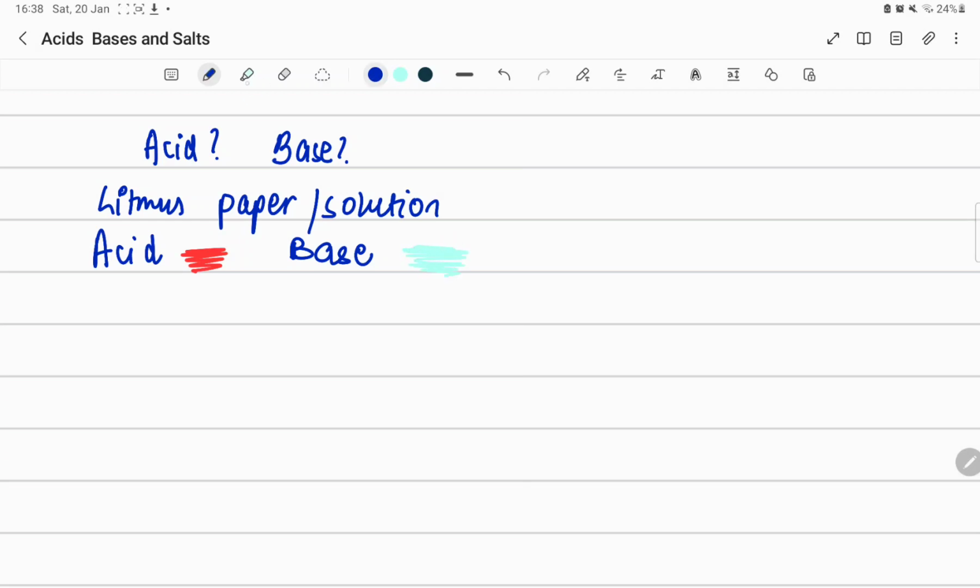Now, how you can remember this is that, okay, so blue. Basic, B gives blue color. So obviously if base is blue, then acid is red, because they're the only two colors that you will be needing. This is just extra information that when it is neutral, litmus is purple.